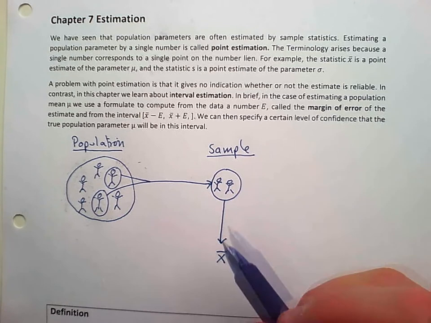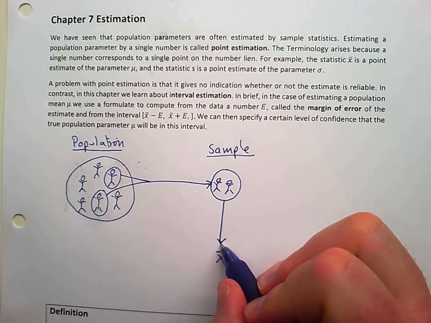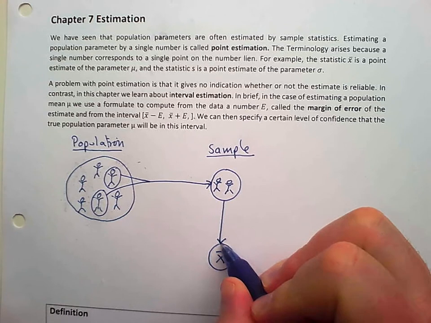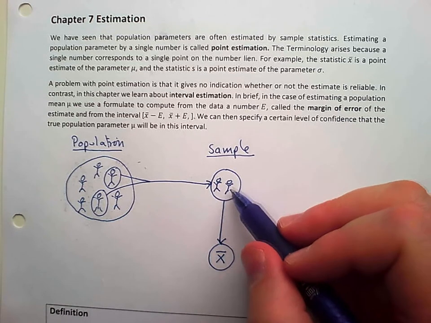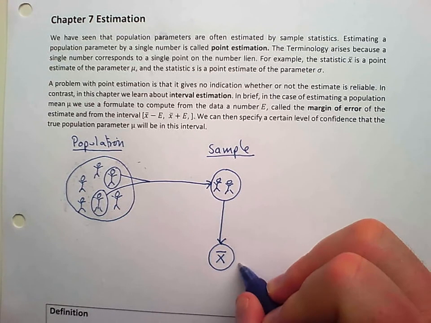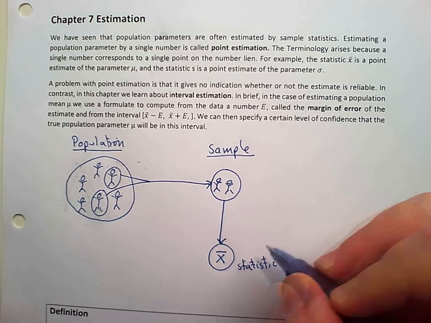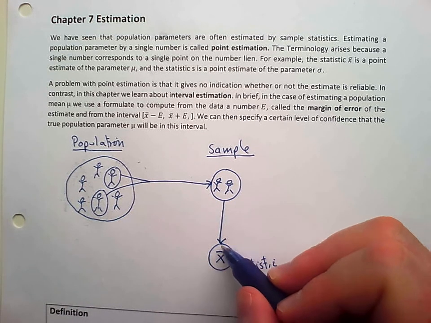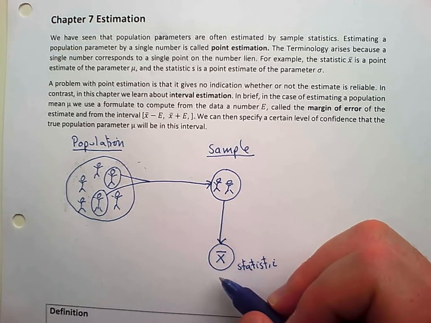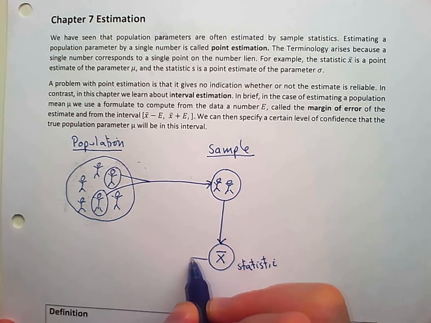And again, X bar is one example of a statistic, right? Anything that you calculate or any characteristic that comes from a sample, that's called a statistic. And we could use this statistic, the sample average, to estimate what the population average is.